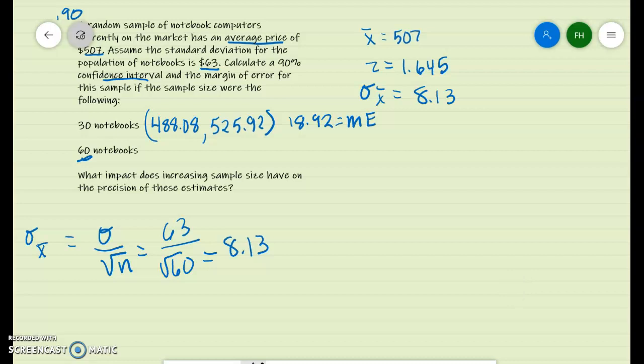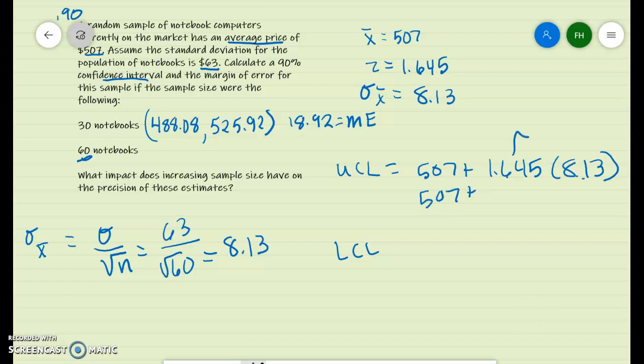So we're going to do our upper confidence limit level and our lower. So we're going to do the mean plus the z-score times the standard error of the mean. And I'm going to multiply these first because this component gives me the margin of error, how much I'm going to add and subtract. And I get 13.37. So 507 plus 13.37 gives me 520.37.